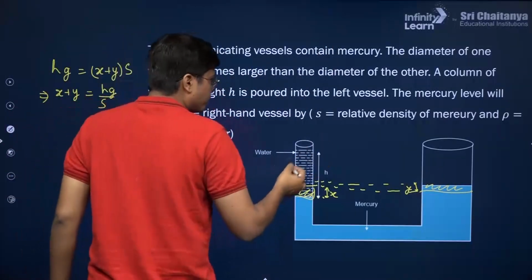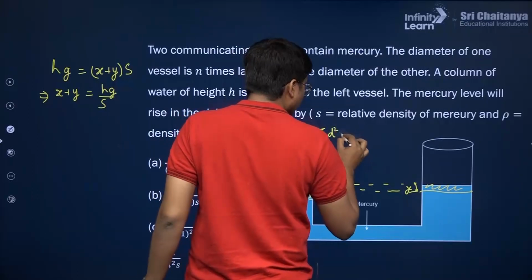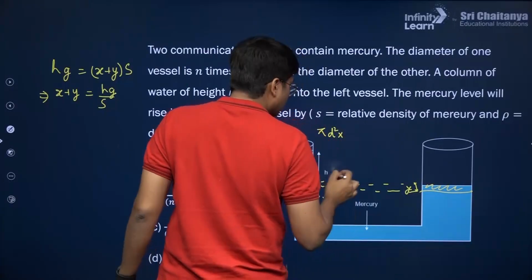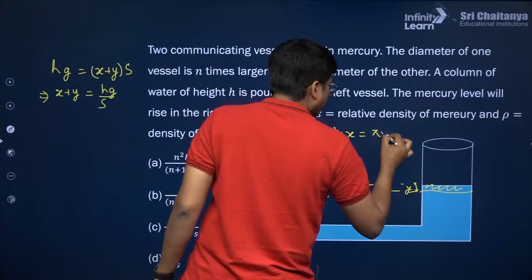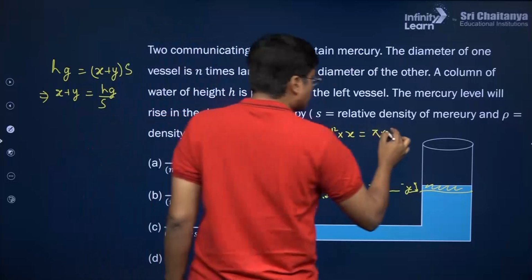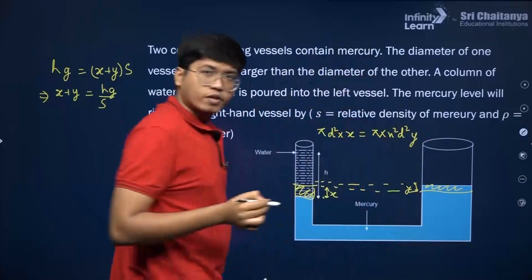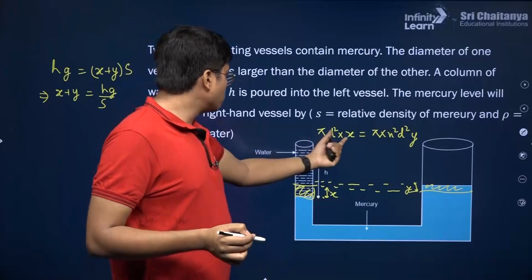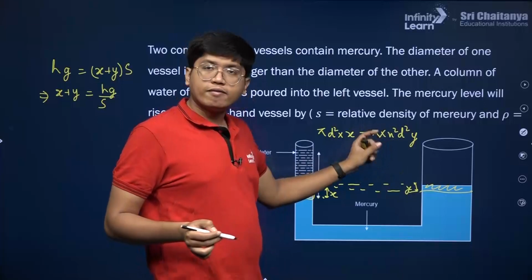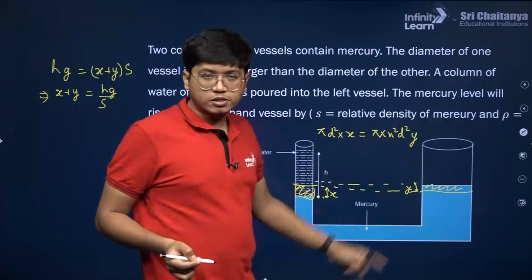So what do I know? I know that pi into d square into x over here is equal to pi into n times, so n square d square into y, right? Because over here d square into x, this y level is going to be less, because on the y side the diameter is n times.